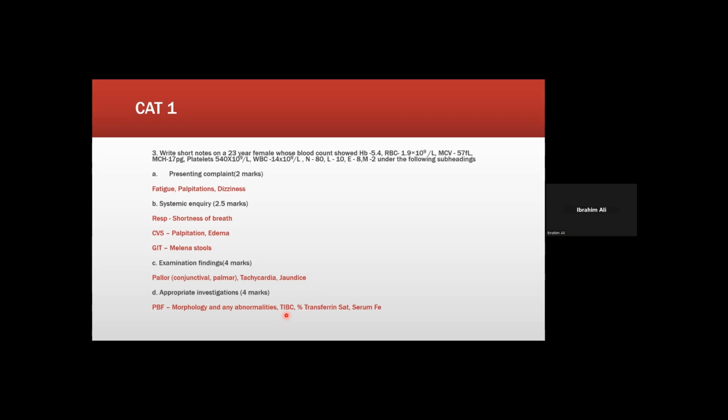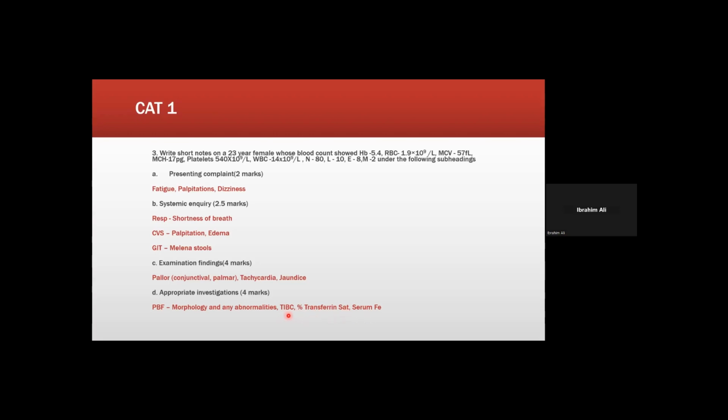So total iron binding capacity will be increased. Most probably in this case, it can't be anemia of chronic disease. Remember, because the MCV is very low. It's not towards normal or almost normal as it would be in anemia of chronic disease. So your TIBC most probably will be increased.